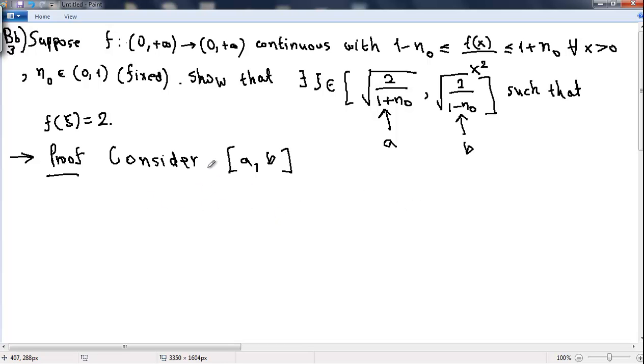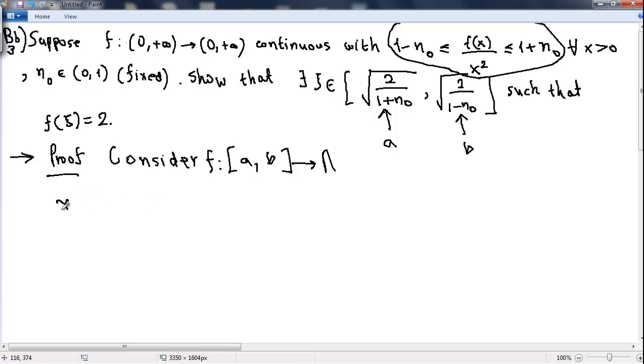Then, since f is continuous on 0 to infinity, it is continuous on that interval, and we have this relation here from the hypothesis that is valid for every x more than 0.